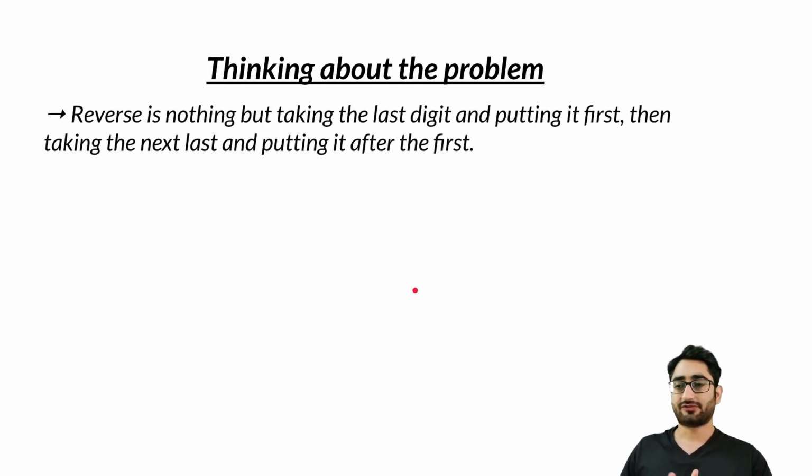The first thing that we should understand is that reverse is nothing but taking the last digit and putting it first. Obviously we all know this, but in programming terms, if you have to identify a pattern, you should know that in order to get the reverse of a number, you need to take the last digit and put it first, and then take the next last, which is the second last right now, and put it after the first.